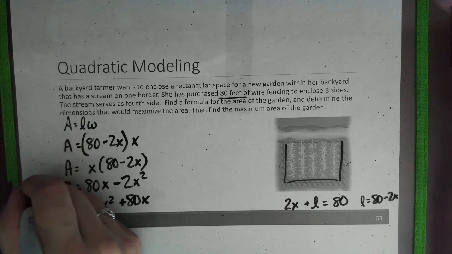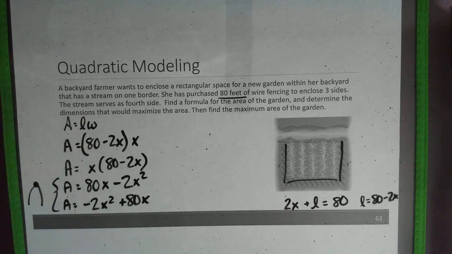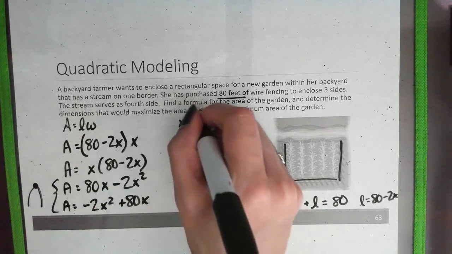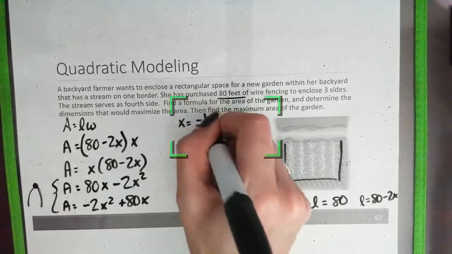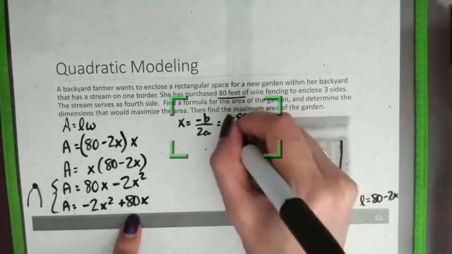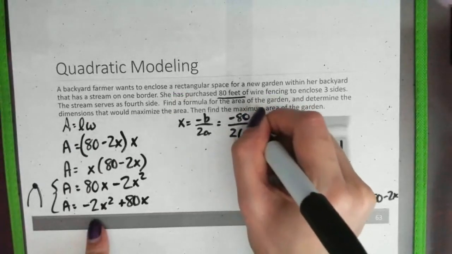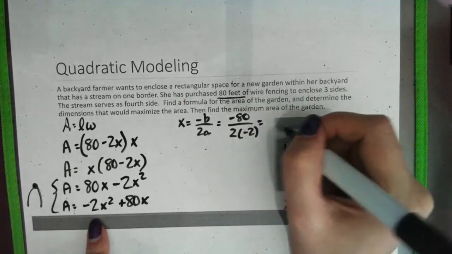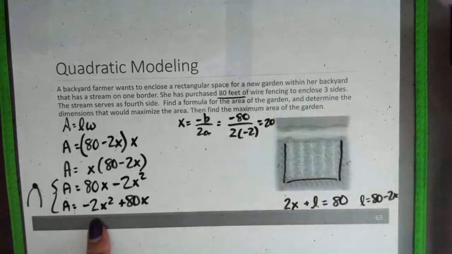If I want to find the maximum, I'm looking for that top point. That's the vertex. So I need to find my vertex. We need to use x is equal to negative b over 2 times lowercase a, which will be a negative 80 over 2 times negative 2. And negative 80 divided by negative 4 is a positive 20.